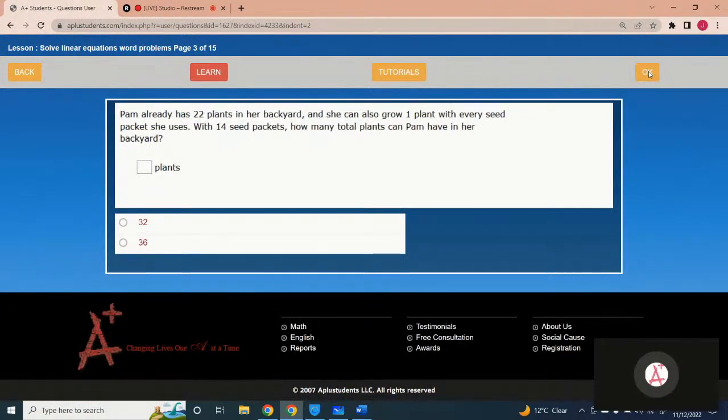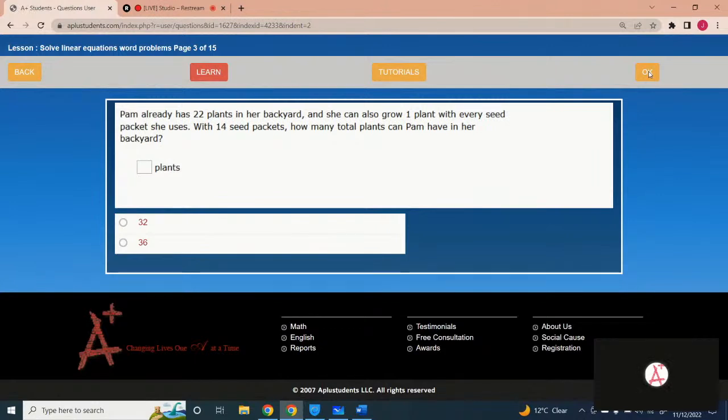Okay, Pam already has 22 plants in her backyard. She grows one plant with every seed packet she uses. With 14 seed packets, how many total plants can Pam have in her backyard? Got it?